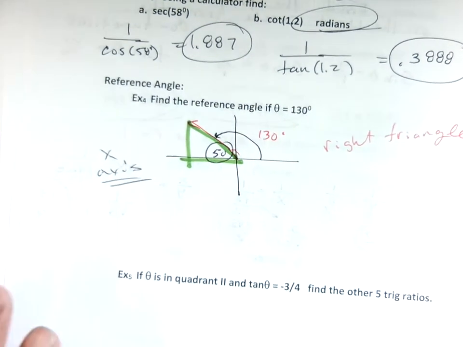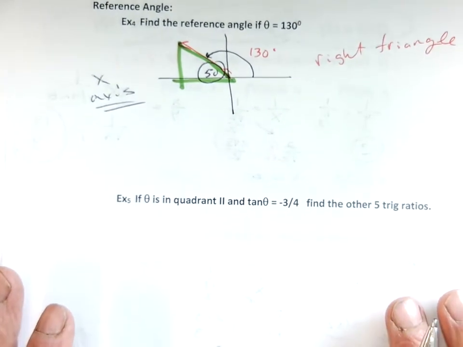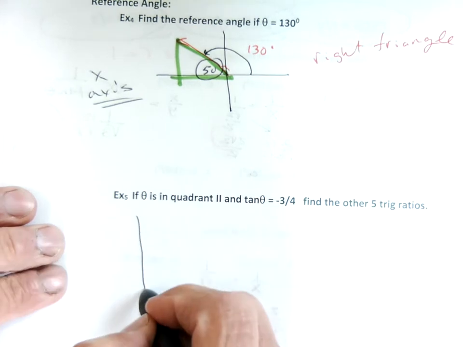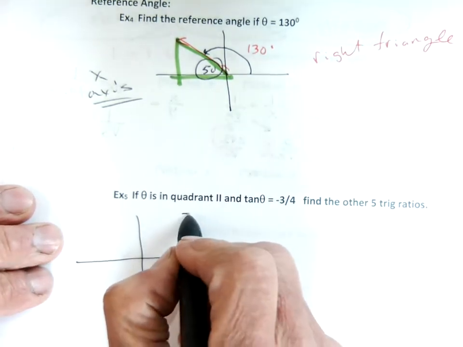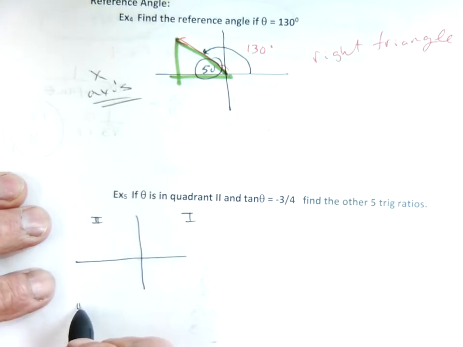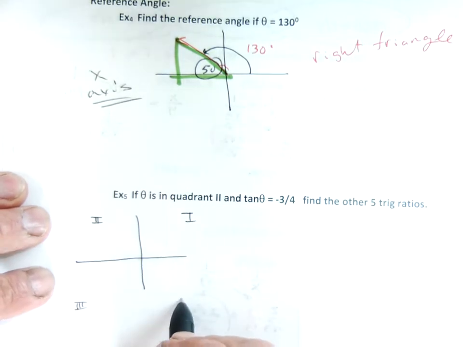And last but not least, number 5. Number 5 is like a warm-up. It's a great problem. I like this problem. Let's see. If theta is in quadrant 2, quadrants 1, 2, 3, 4, right?